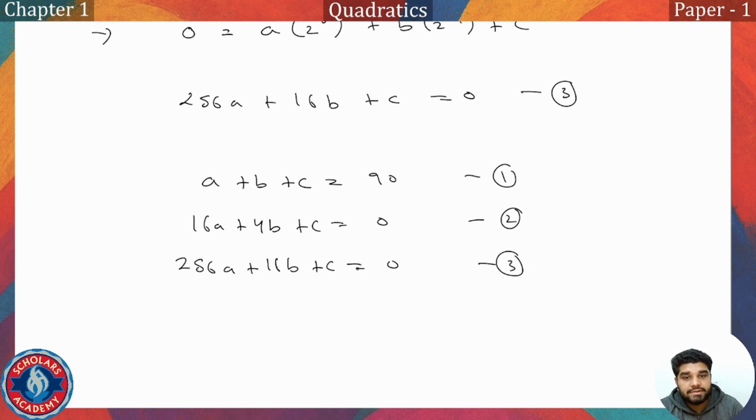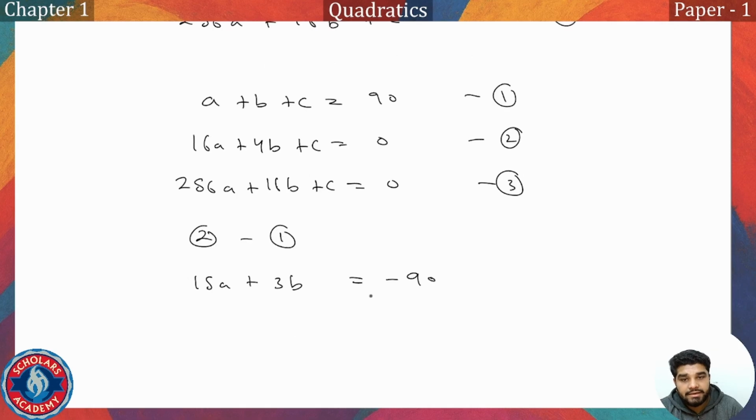This is third. So if we do 2 minus 1, we get 15a plus 3b is equal to negative 90. So from here I can get 5a plus b is equal to minus 30. I can mark it as equation number 4.